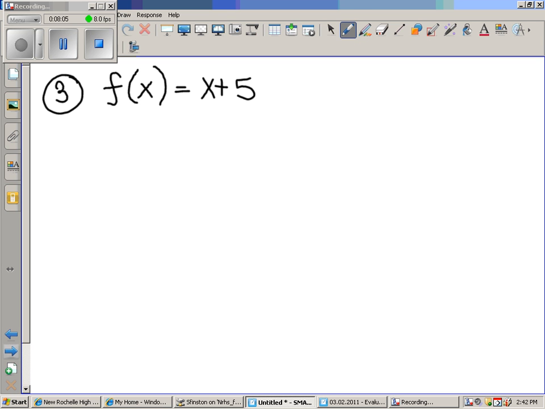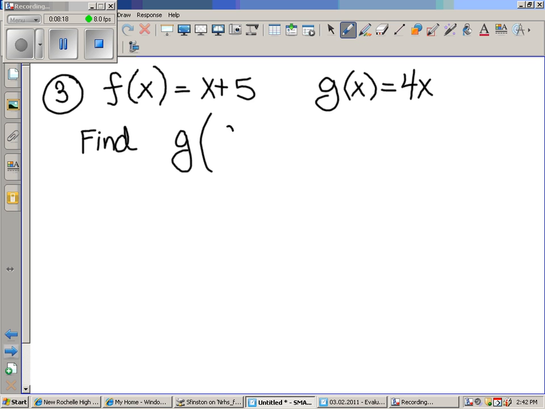What was g of x equal to? G of x equals 4x. And now let's find g of f of 0.5. Oh, good luck, my friends. May the force be with you.